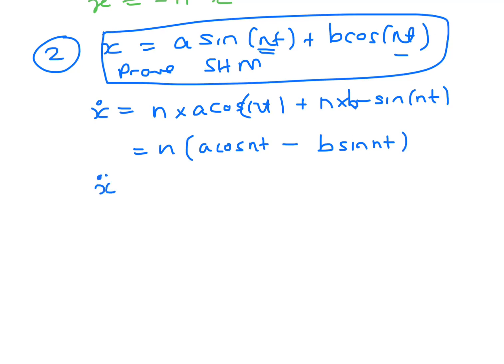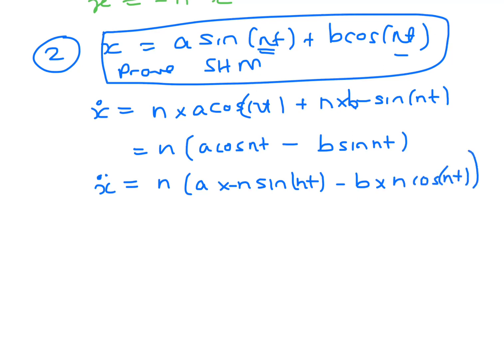So if you differentiate again, you get the second derivative. You get n, a, cos will go to minus sine nt, so it'll be a negative, minus b times n cos nt. Now the common factor there, you notice is minus n, with that negative there.